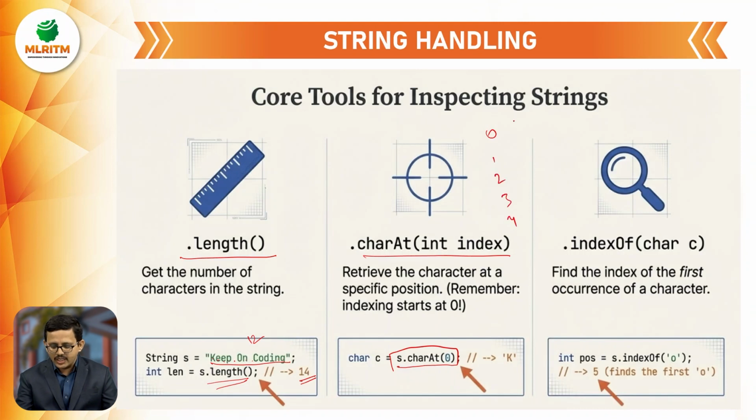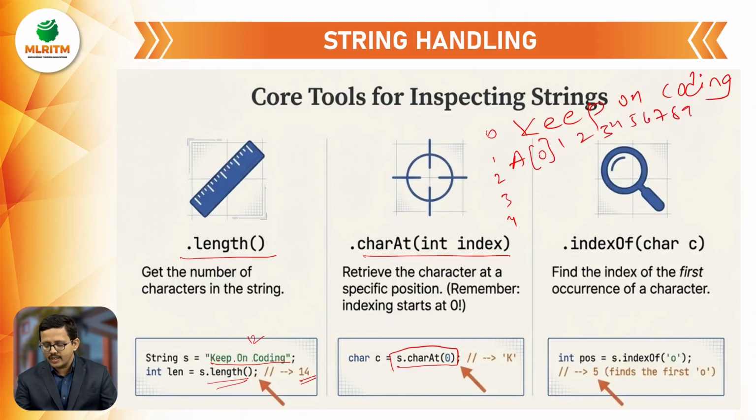So when you write "keep on coding", it is stored in the form of an array, and here we have indexes 0 1 2 3 4 5 6 7 8 9 10 11 12 and 13. Okay, so these are the array indexes. So when we say charAt(0), we get k. When we say charAt(5), we get o. charAt(9), we get another o. So this is how charAt works.